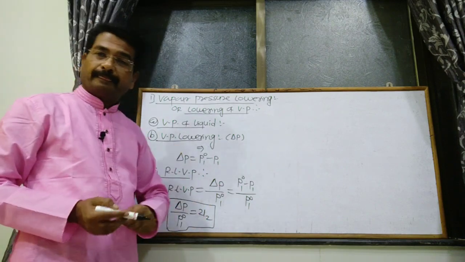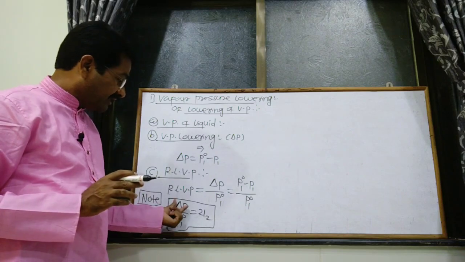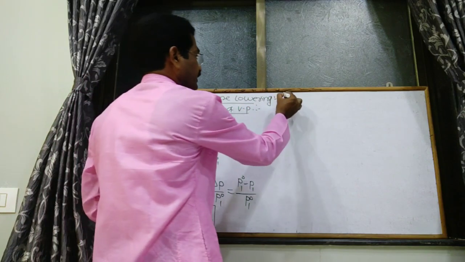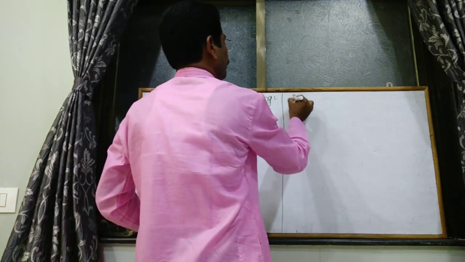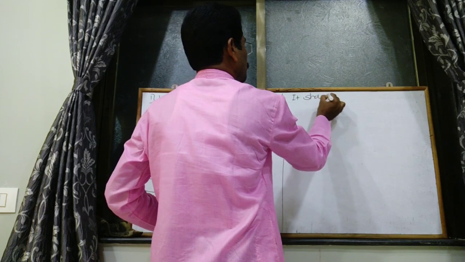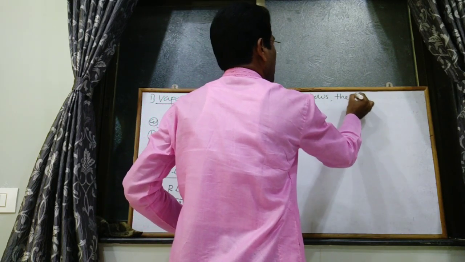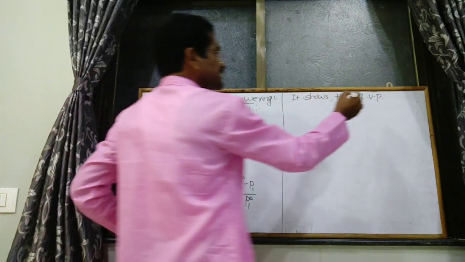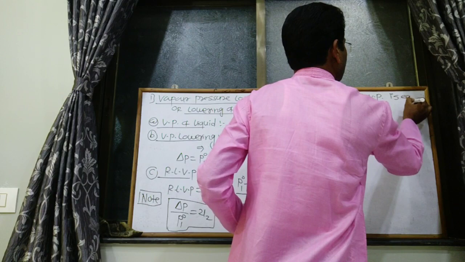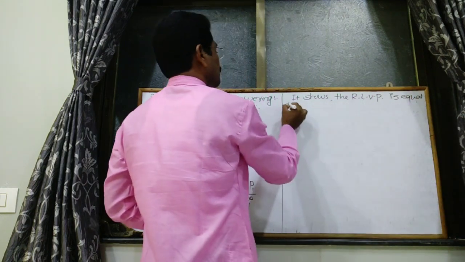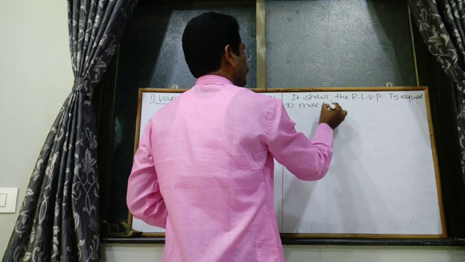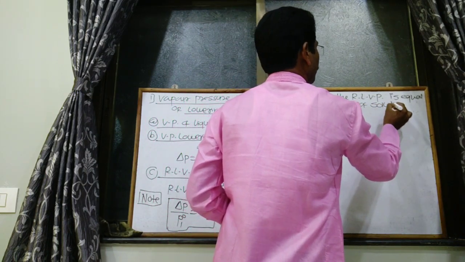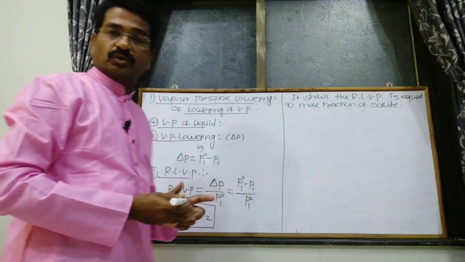It shows that RLVP, relative lowering of vapor pressure, is equal to the mole fraction of solute.